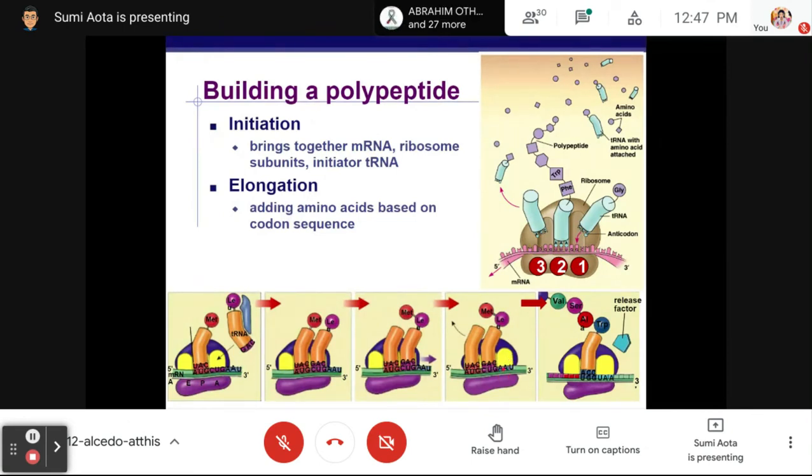Since the codon is AAU, what's going to be brought in here will be the anticodon UUA. So the correct amino acid for UUA, let me just find the codon table. For UUA, that's leucine.